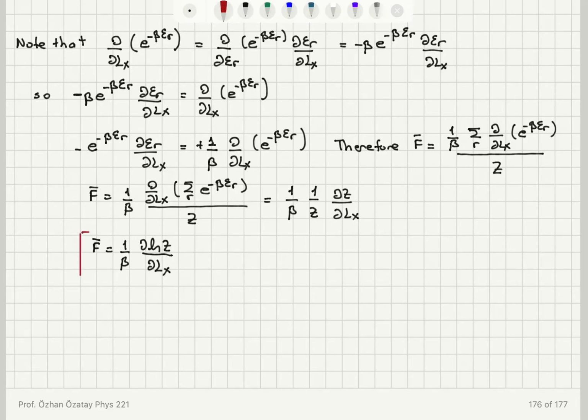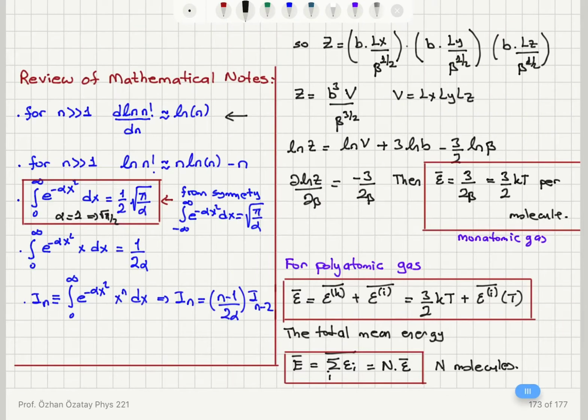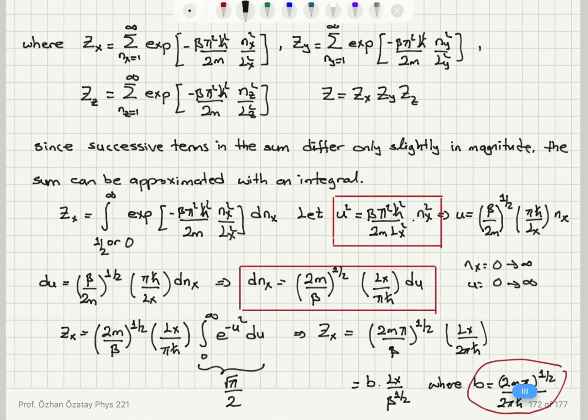So once again we can calculate the mean force exerted by one molecule just by calculating the partition function. But we have already calculated the partition function in the previous discussion. So what was the partition function?